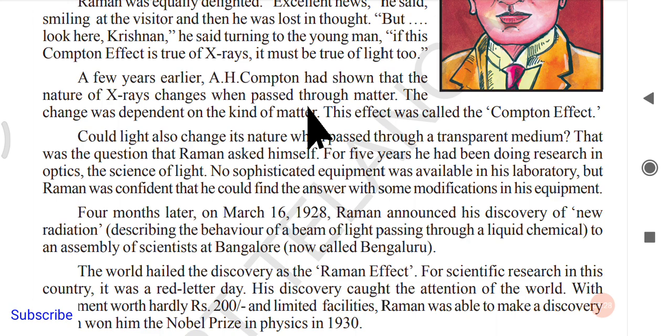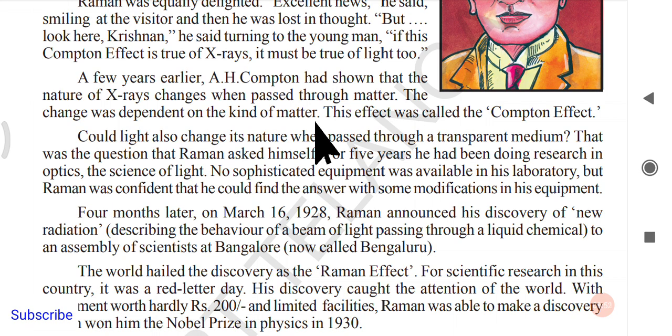So the change was dependent on the kind of matter. The change of the X-ray was also dependent on the kind of matter. For example, if there is soft matter, such as skin, the X-ray passes through it and doesn't stop. But if the X-ray passes through bone, it stops.